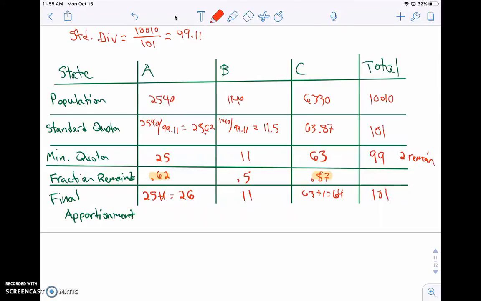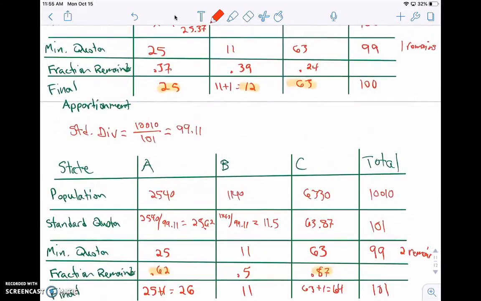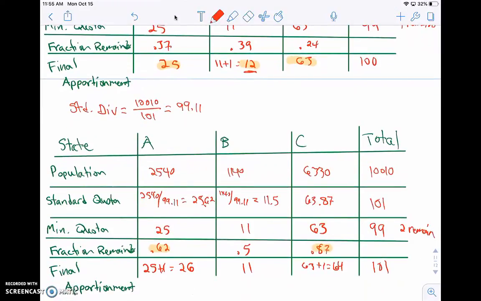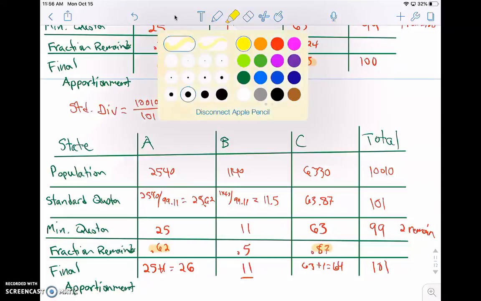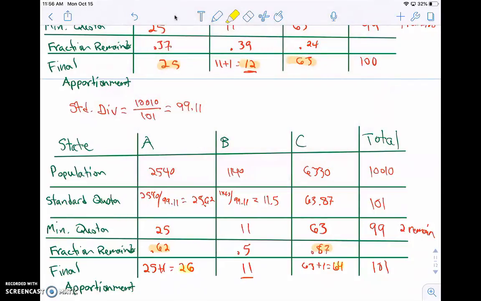Now notice that state B, when we had 100 seats, had 12, and now it's down to 11. So we saw an increase for states A and C. Those increased to 26 and 64 respectively. But state B actually lost.